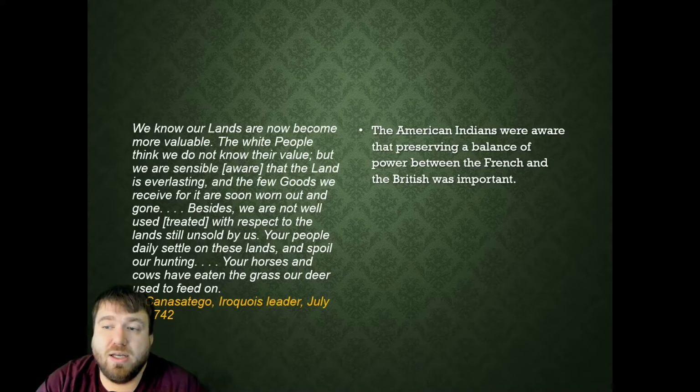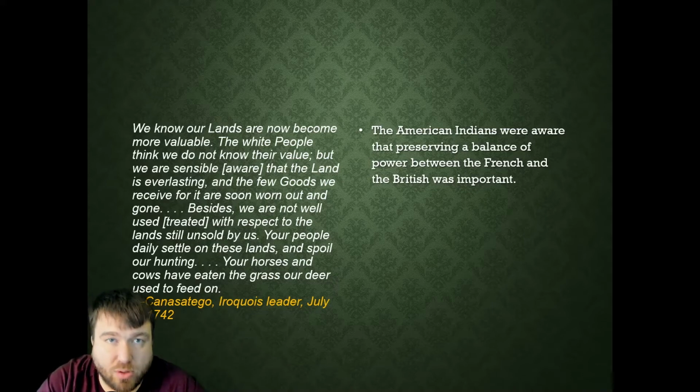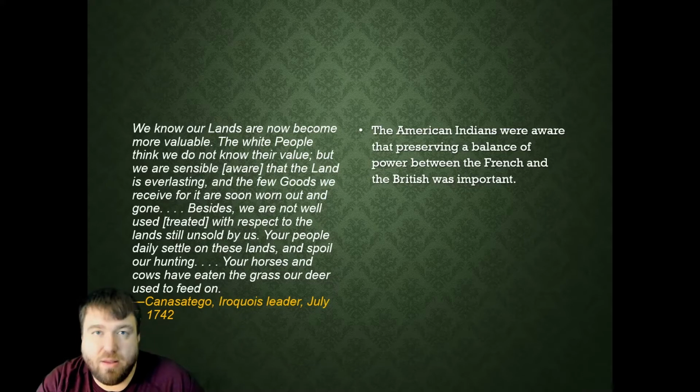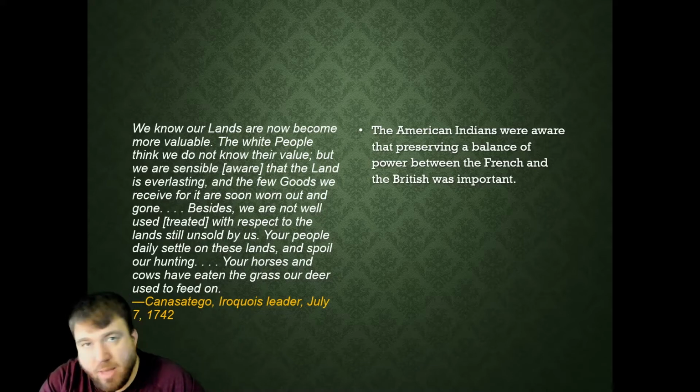The American Indians were aware that preserving a balance of power between the French and the British was important. So, the American Indians are going to benefit from having both the French and the British in the Americas. Because if they can play them against each other, each side is going to try to win them over with gifts, paying them and giving them guns and ammunition and food and things like that.